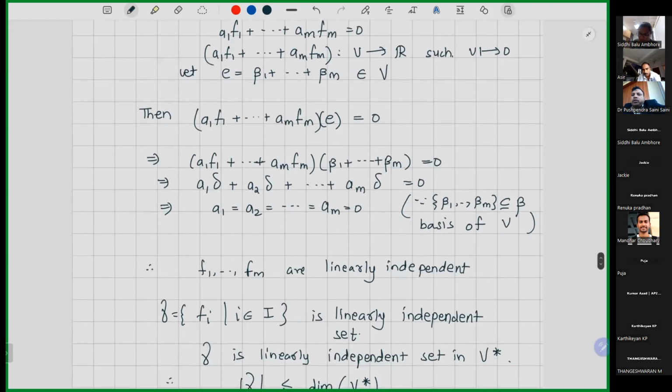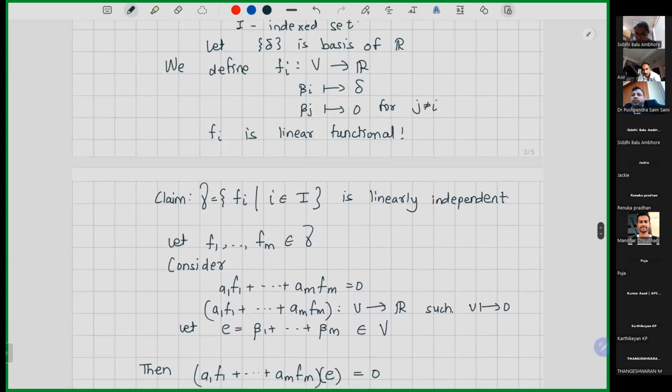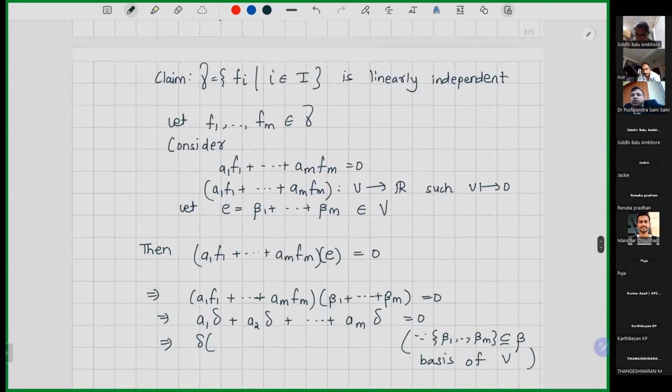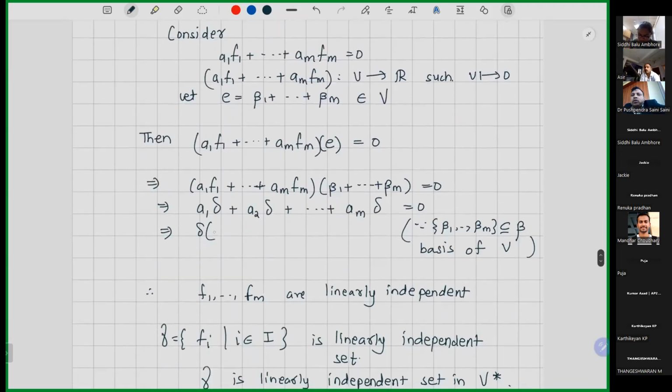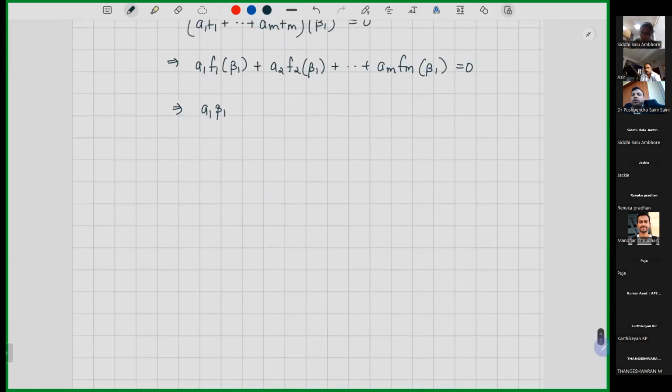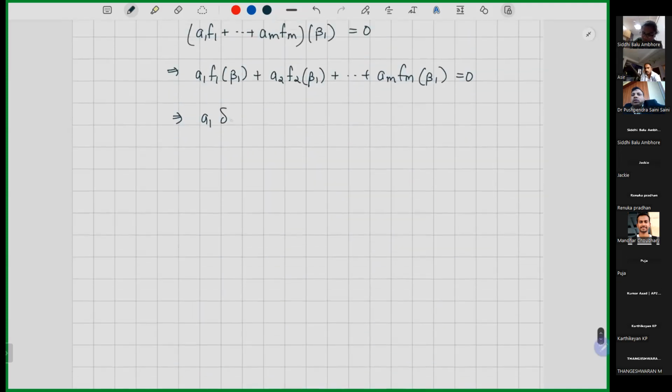And now this will be A1 delta plus A2 into 0 plus up to AM into 0, which is 0.